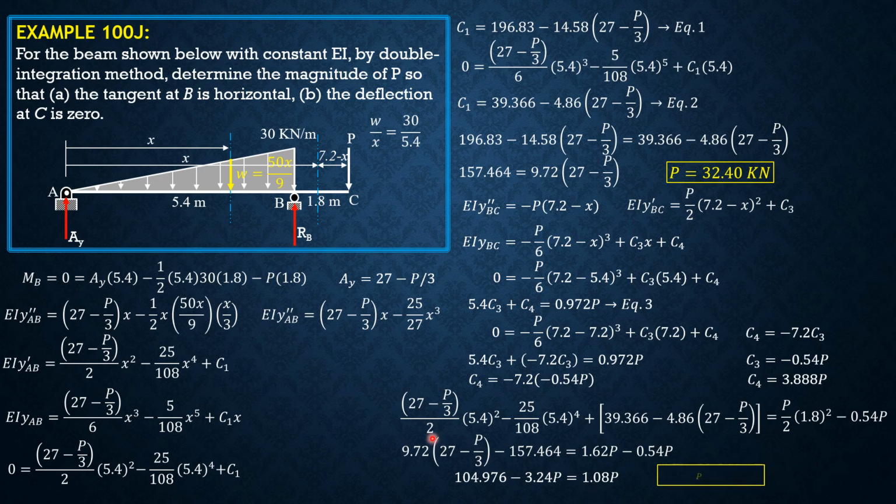So from here, we can now solve for P. P is equal to 32.4 kilonewtons. No, 23. So P is 24.3 kilonewtons. So 24.3 kilonewtons. That's it.